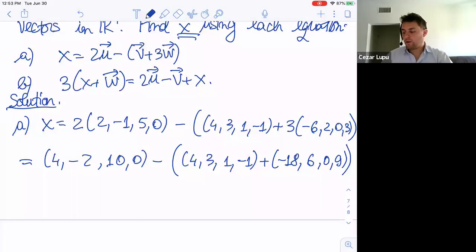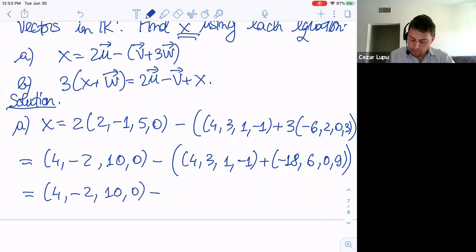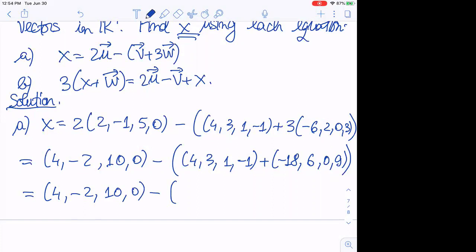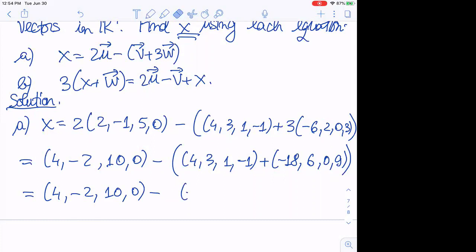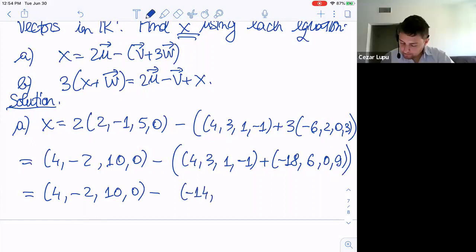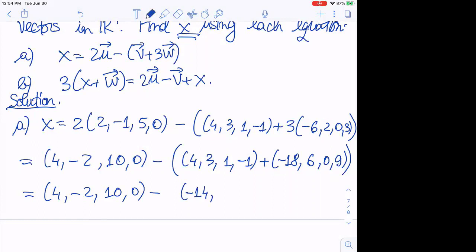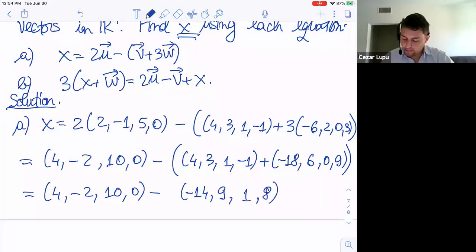Okay, and once we do all these computations, we will have the following. It will be 4, -2, 10, 0, minus, and here I have -14, 9, 1, and 8.